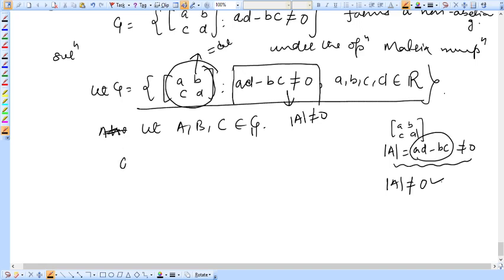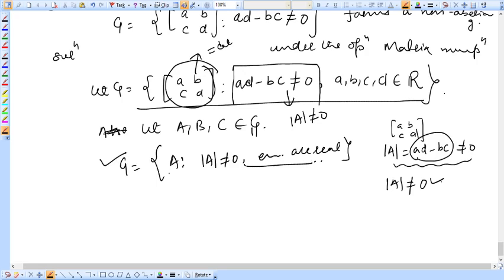Let G is equal to A such that determinant of A is not equal to 0 and entries of A are real numbers, then prove that this is a non-abelian group. Okay, so this sort of statement can be asked in the examination. So you just need to look at the problem and see what he is actually trying to say.